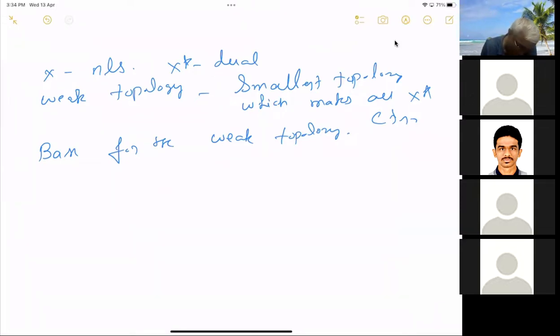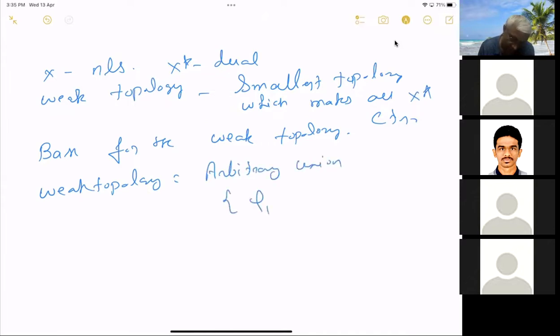The weak topology is equal to the arbitrary union of all these sets: phi1 inverse U1 intersection phi2 inverse U2 up to phi n inverse Un, where phi1 inverse U1 is the inverse image of some open set in the complex numbers.